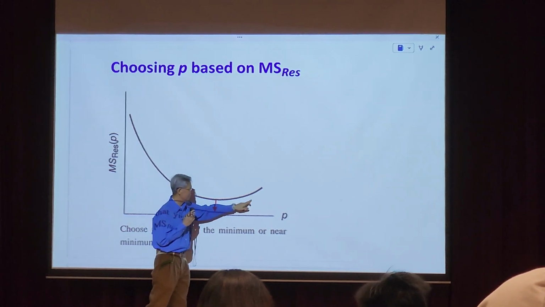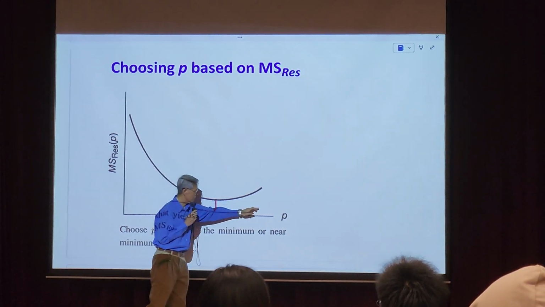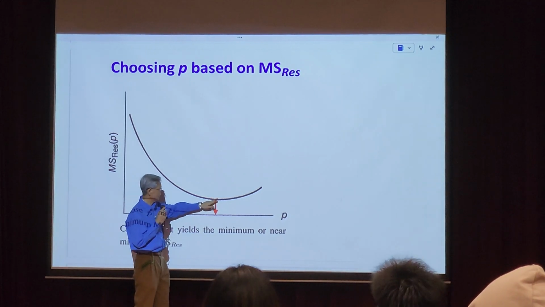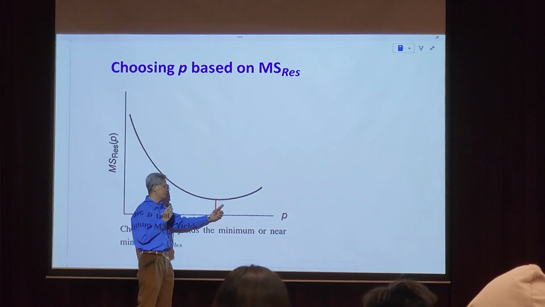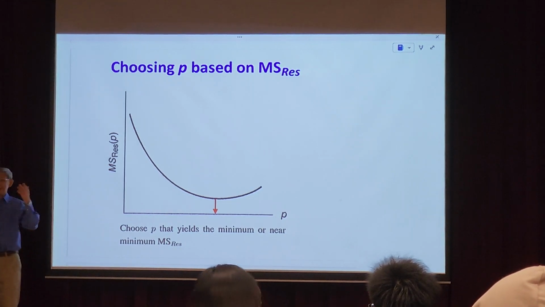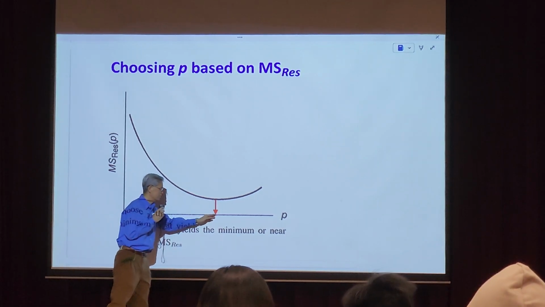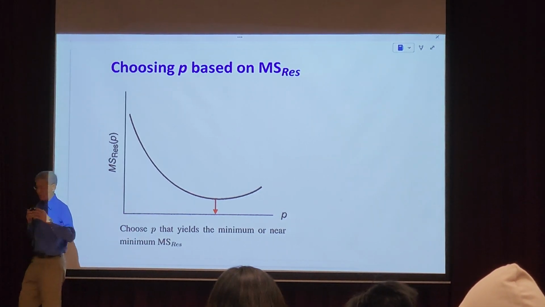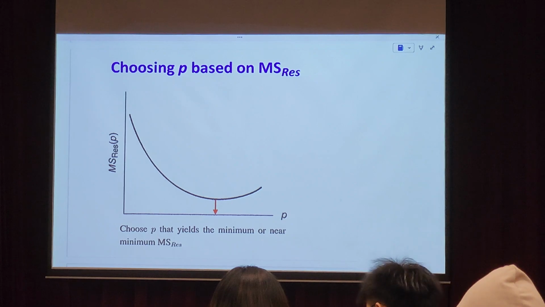Here, maybe this graph is not quite right. I think it will continue to go down. So here, the difference for this P and this P may not be that different. So we would choose this P. Remember, we want a model that is as small as possible at the same time.